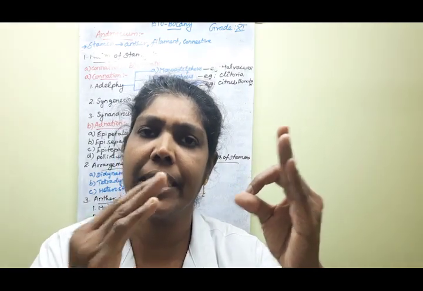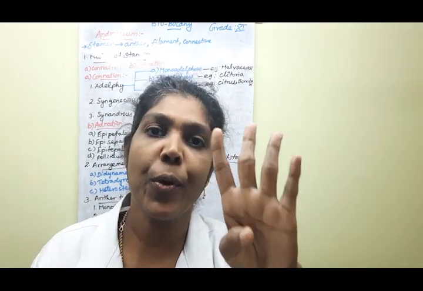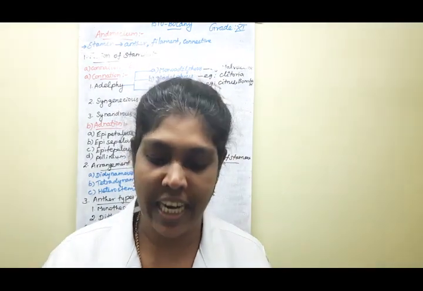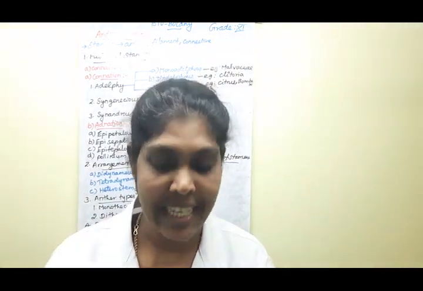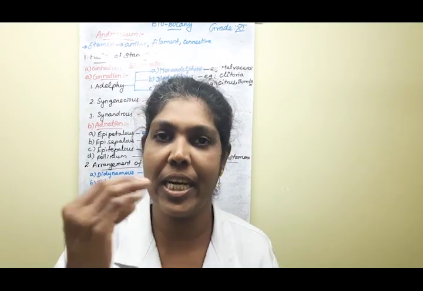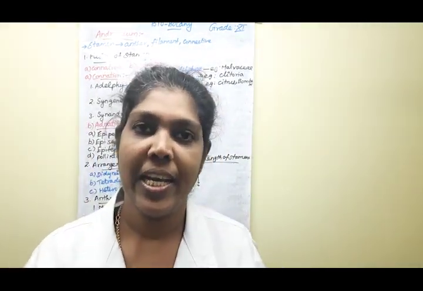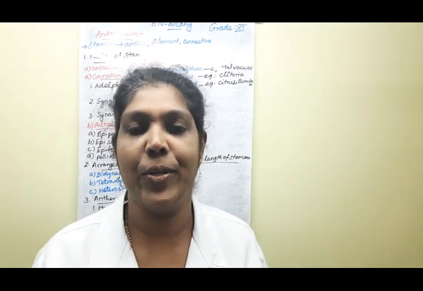Imbricate also has subtypes: quincuncial and vexillary estivation. Clear, children? These are some subtypes of estivation. Have you got an idea about the last class portion? Yes, very good students.